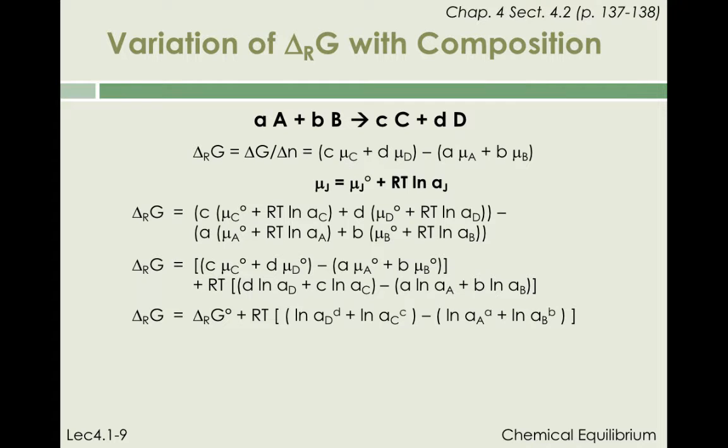We then recognize that the first four terms constitute the standard reaction Gibbs energy change, delta Rg standard. In this equation, we have also used the relationship x times natural log of y equals natural log of y to the power x.